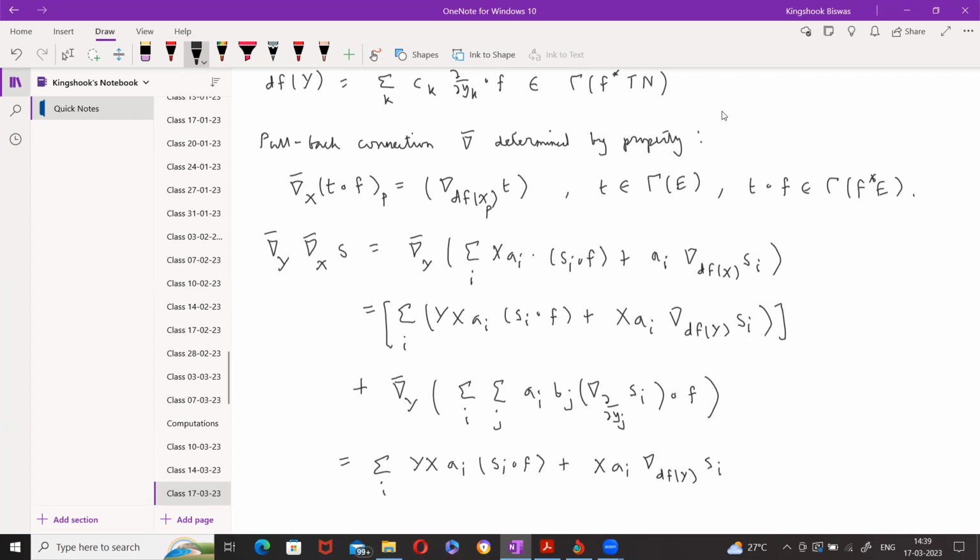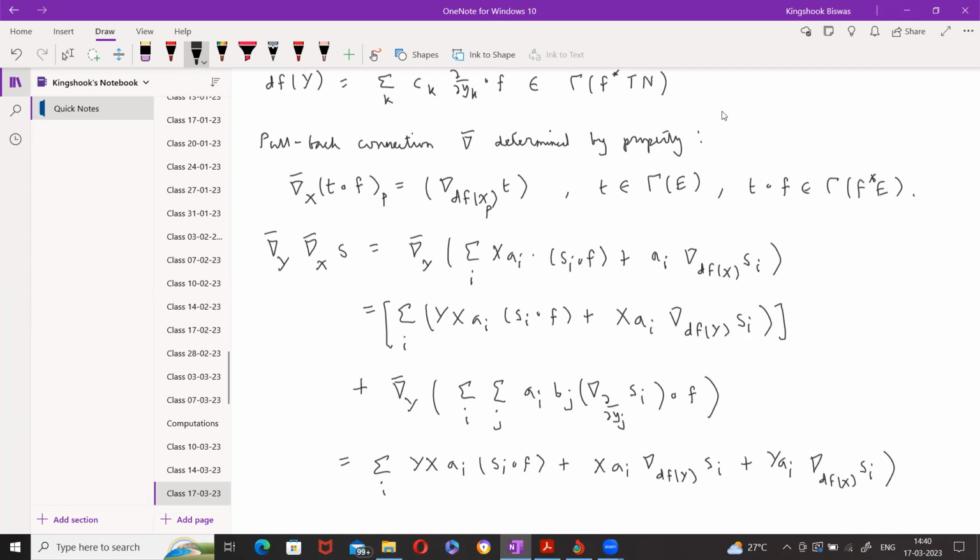So then I had nabla bar y acting on this. One term will be y acting on a_i, right? So let me put that here. There'll be a y a_i, and then I'll have nabla d_f x s_i.